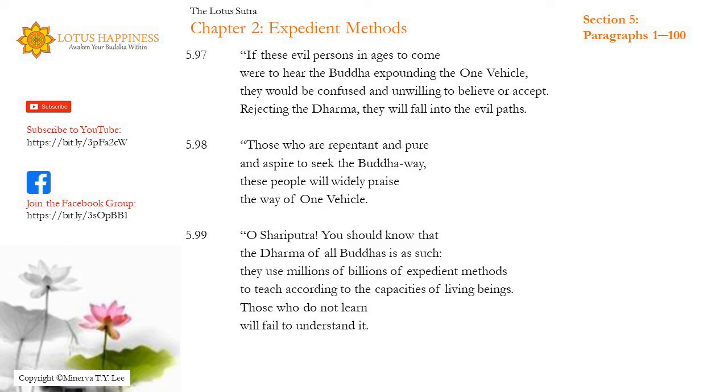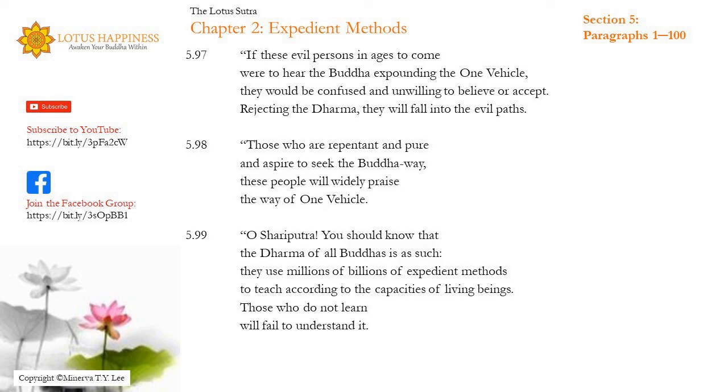Those who are repentant and pure, and aspire to seek the Buddha way, these people will widely praise the way of one vehicle. O Shariputra, you should know that the Dharma of all Buddhas is as such. They use millions of billions of expedient methods to teach according to the capacities of living beings.